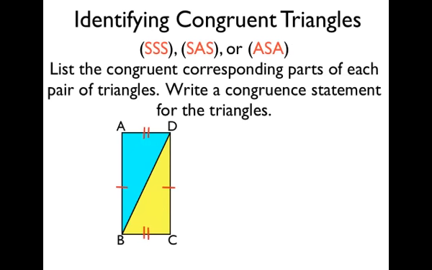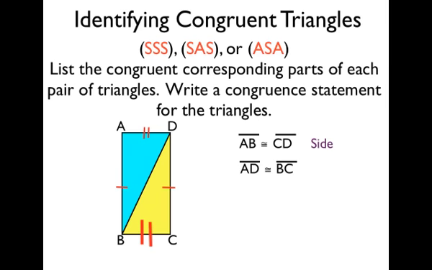Would you try to do as much of this one as you can? Well, we'll start with side AB is congruent to side DC. So that gives me a side.